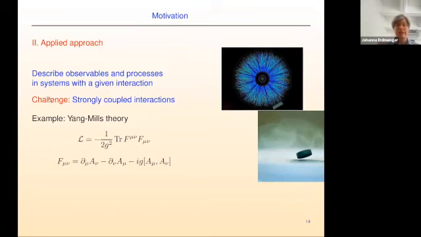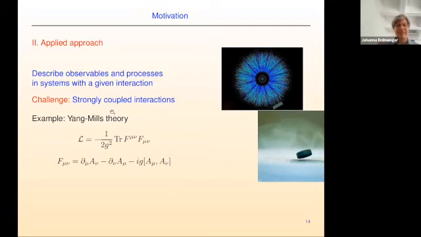But there's also a challenge here, because in many of these cases, like for the high-Tc superconductors and also the heavy ion colliders, we are in a regime where there are so-called strongly coupled interactions. Don't confuse strongly coupled interactions with the strong interaction. The strong interaction is the force in the standard model that is described by quantum chromodynamics, QCD.